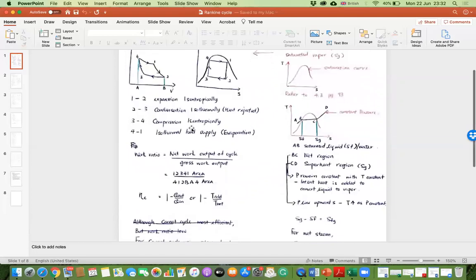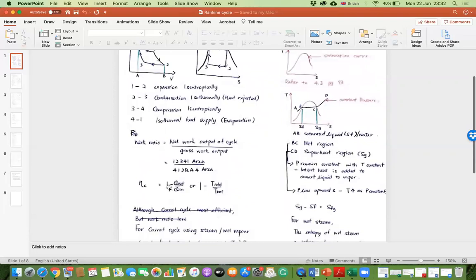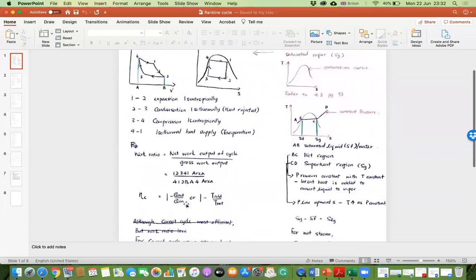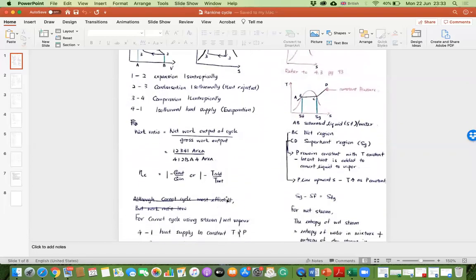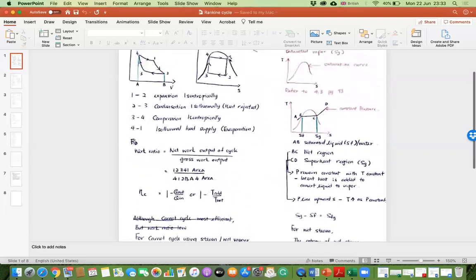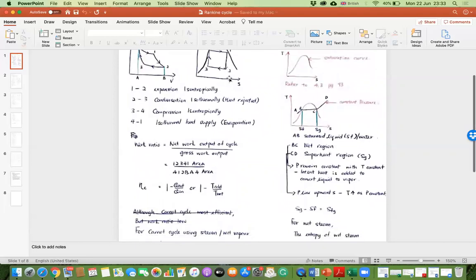The efficiency is 1 minus QR over Q in, or when you simplify the equation, equals 1 minus temperature cold over temperature hot, which is T1 over T2.